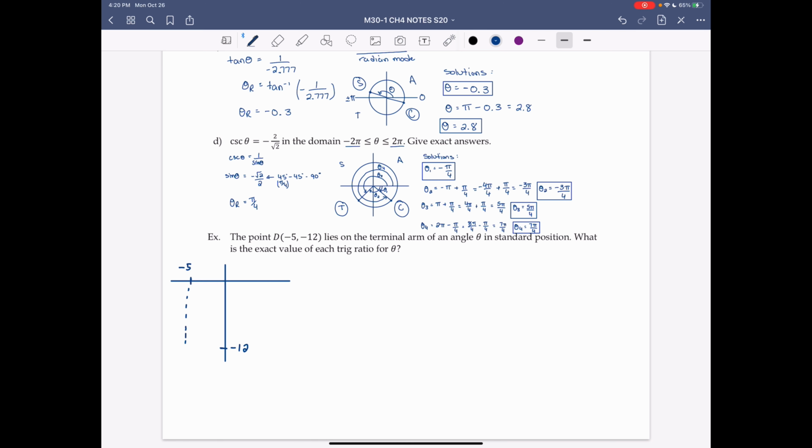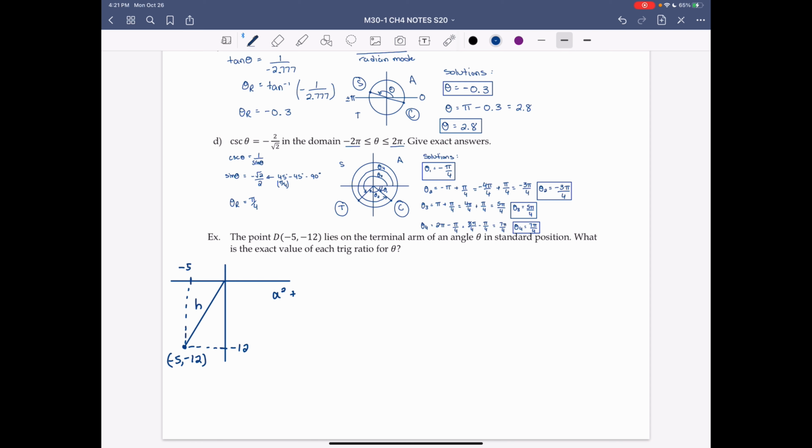I go down and across, and where those 2 points meet, that's where my point is. I can join that to the origin. There's my terminal arm, and that's the point negative 5, negative 12. I need to know the hypotenuse, because it's not a unit circle, so it's not 1. So we need to calculate it.